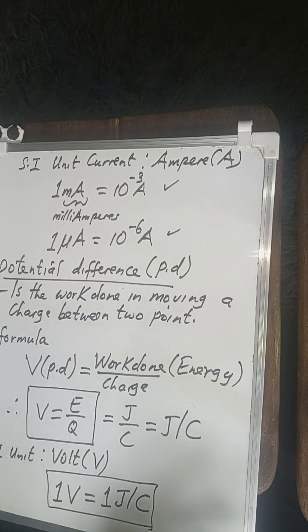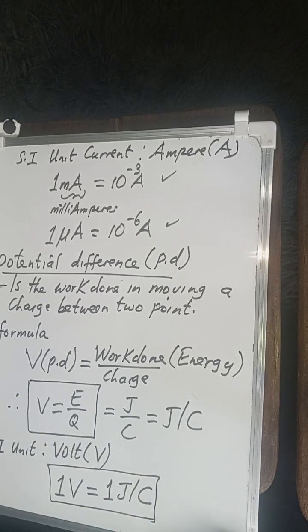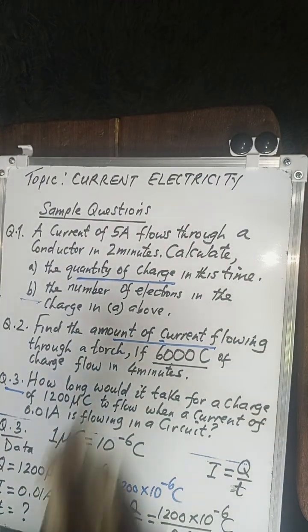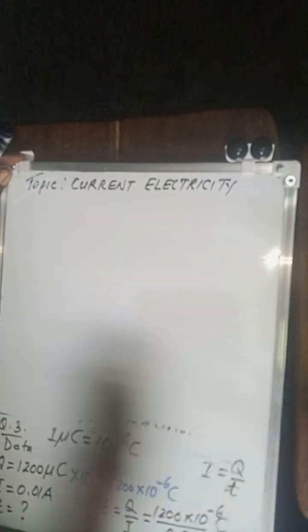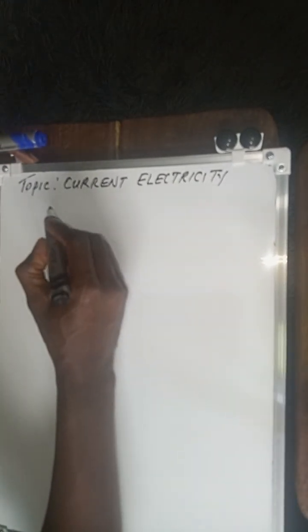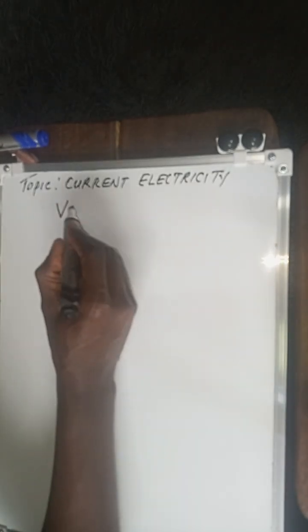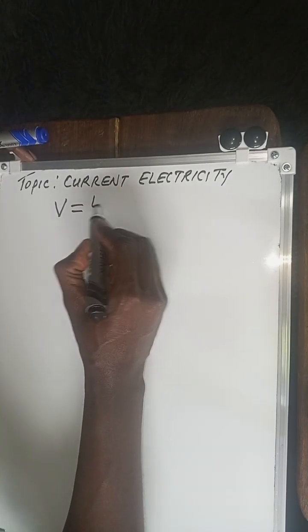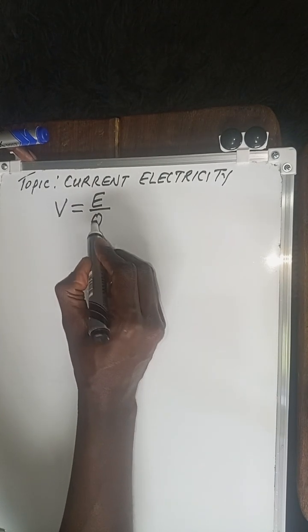Now, allow me just to highlight a few concepts and formulas that you are going to be using, using the same formula. So we are saying that voltage, or potential difference, is equal to the energy divided by the charge.